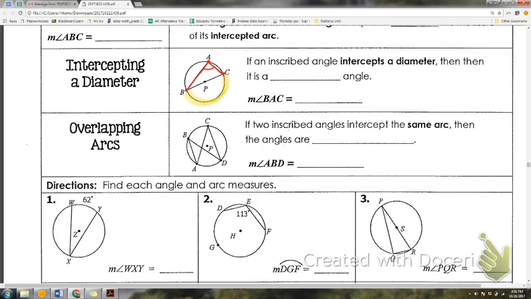And half of a circle is 180 degrees. So we know that this arc out here is 180. But we know that the inscribed angle is half of the arc, so half of 180 is 90. So if an inscribed angle opens up to a diameter, and we know this is a diameter because it goes through P, then this angle is a right angle.